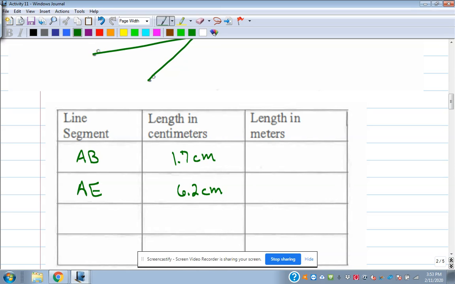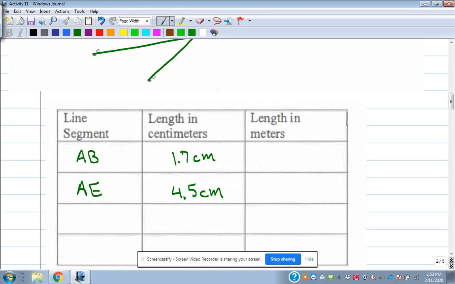I messed up. I went back to my screen instead of my paper. I forgot I was going by the paper instead of the screen. Let me do that again. I'm so used to writing on the screen all day, and I forgot I was going to do the paper with you guys. So on the paper, I'm getting 4.5 right on the money. 4.5 centimeters.